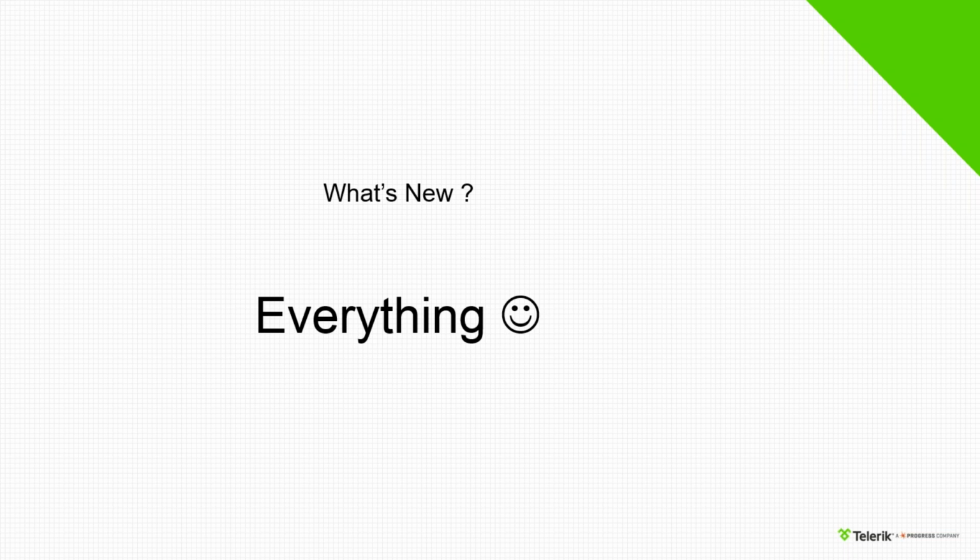Now I'm liking where Angular is going with 2. Angular 2 makes use of some of the constructs that are coming up in the next version of JavaScript. If you have not been following the JavaScript world, the next version of JavaScript brings in classes, brings in modules, brings in a lot of goodness.